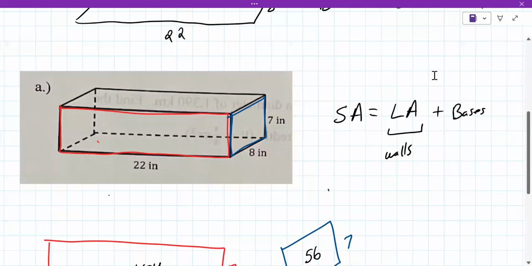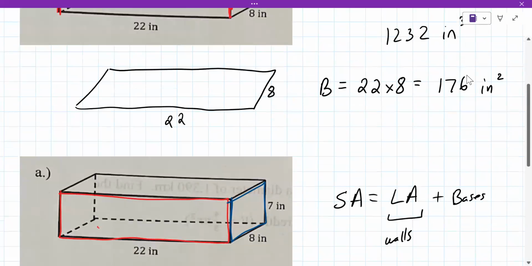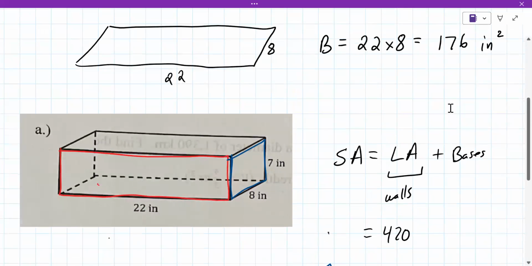The surface area is the lateral area, which we just found, plus the area of the base. The base is 22 times 8, and you actually calculated that in the previous part of the problem, 176. Now, how many bases do you have?